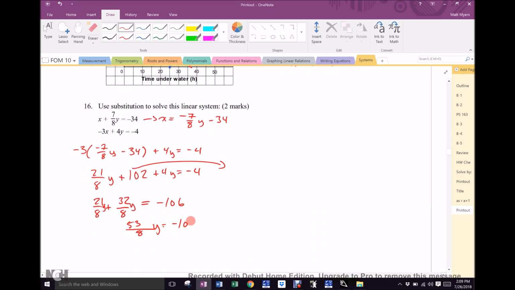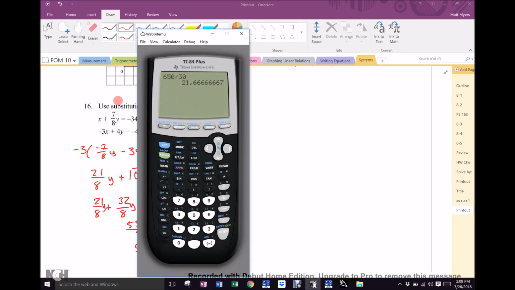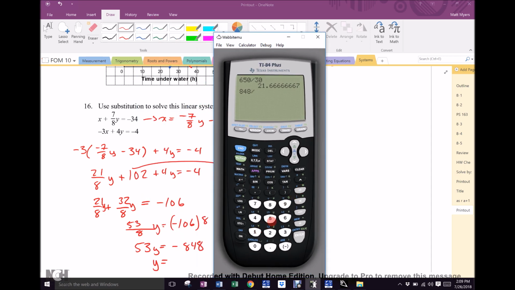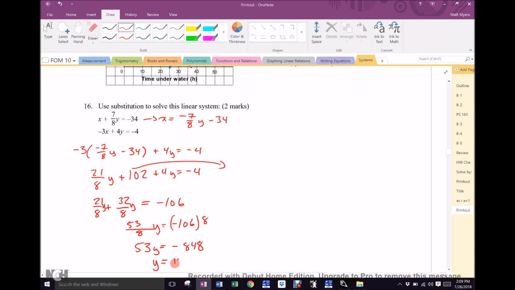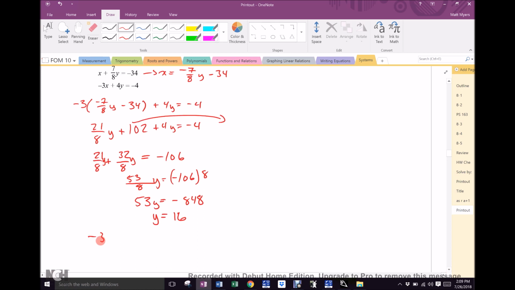y equals negative 106. Multiply both sides by 8. 53y equals negative 848. And y equals, I go to my calculator, 848 divided by 53, 16. y equals 16. Now that I know that y is 16, negative 3x plus 4 times 16 equals negative 4.